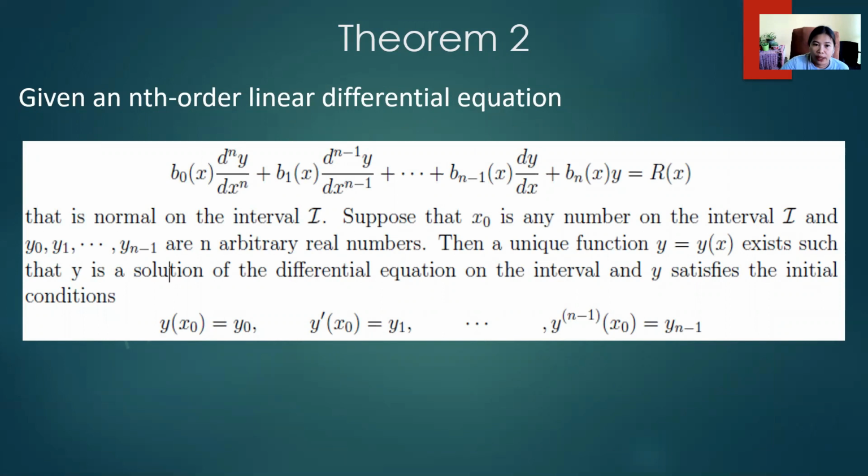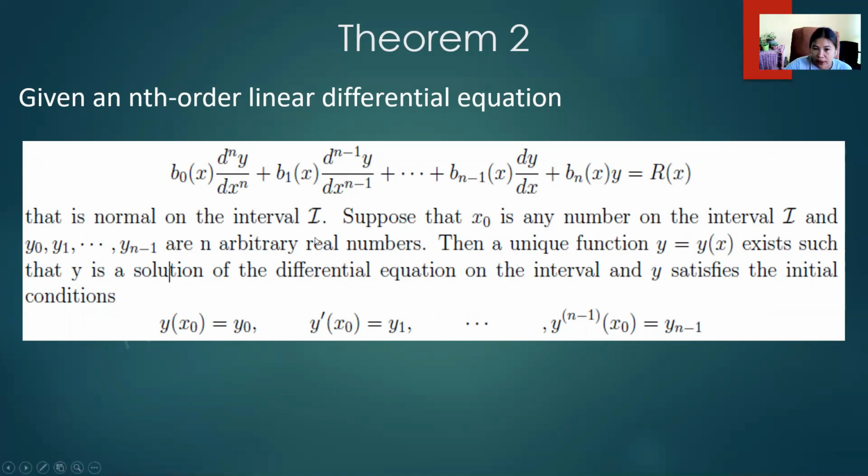Theorem number 2: given an nth-order linear differential equation. Now this time, we will see here that the right side is r of x, so this is actually a non-homogeneous linear differential equation.